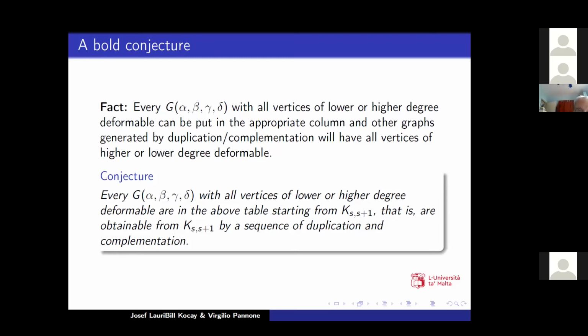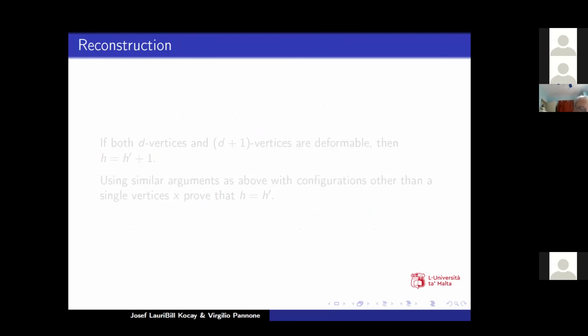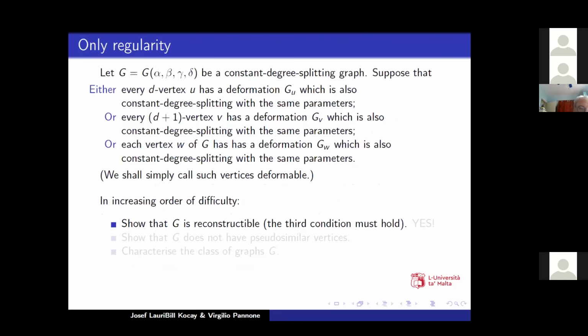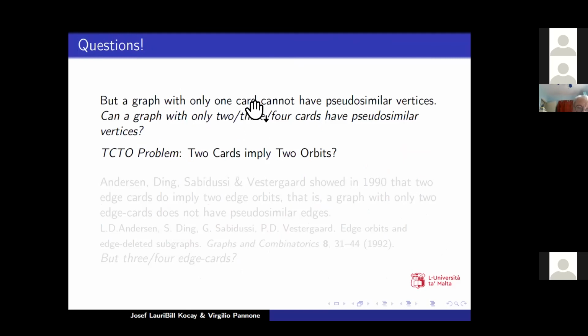Of course, this leaves open also these difficult problems. Go back a bit. Graphs with 3 cards, can they have pseudosimilar vertices? Graphs with 4 cards, can they have pseudosimilar vertices?